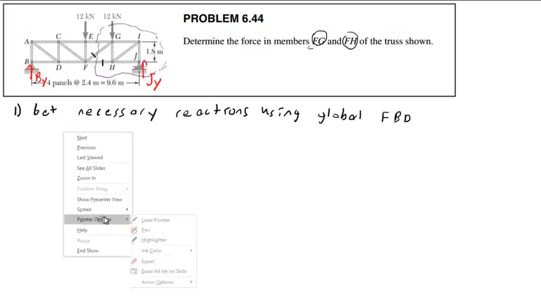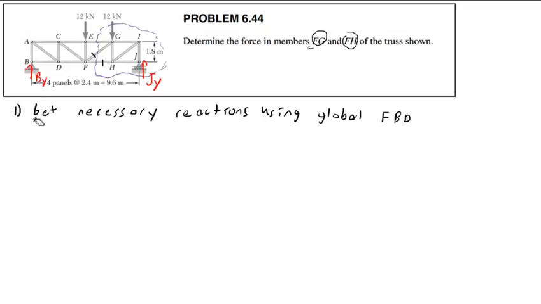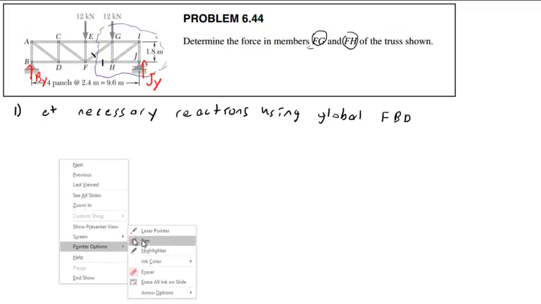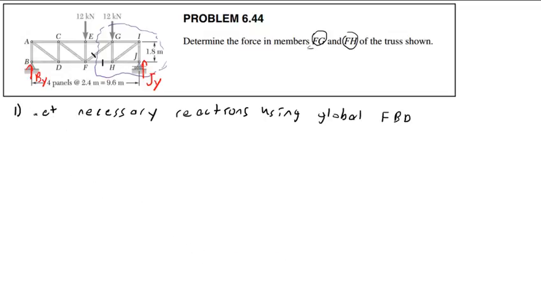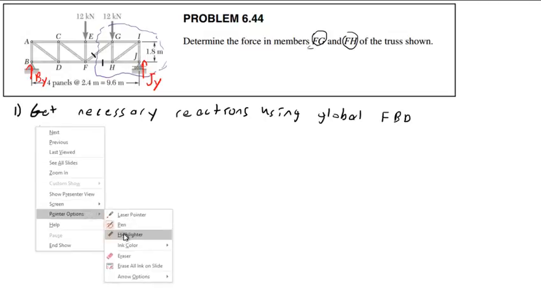That's a G. That's meant to be a G, not a B. Still not clear?